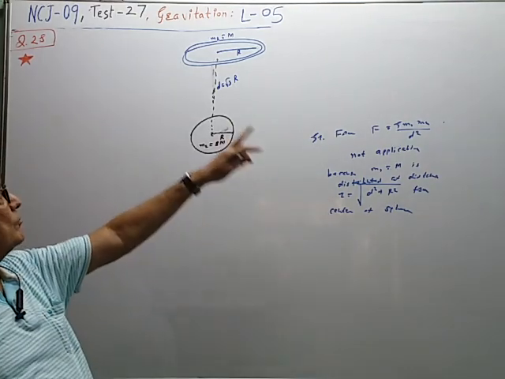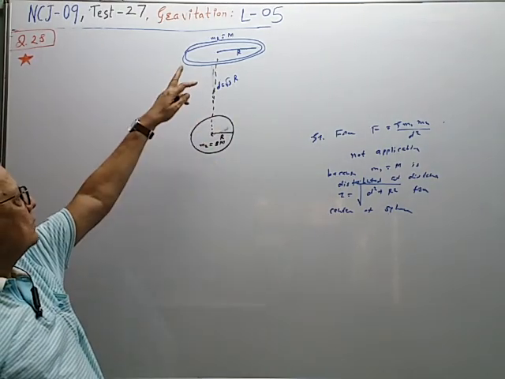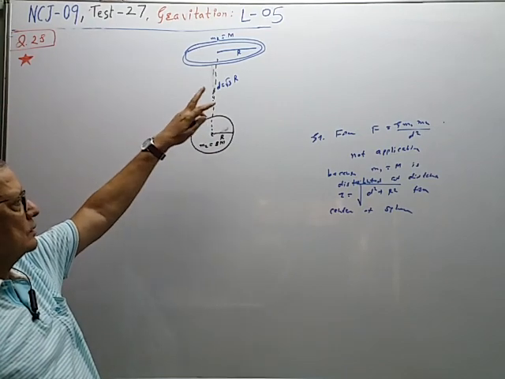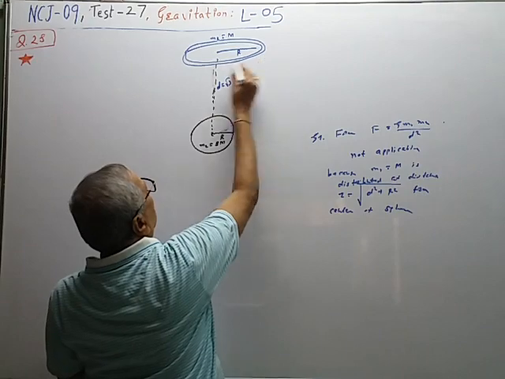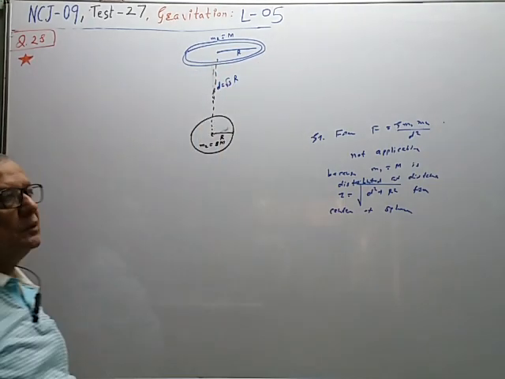This method cannot be used because this mass is distributed over the ring like this.